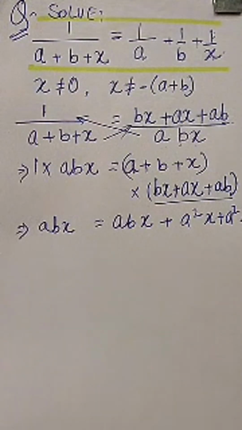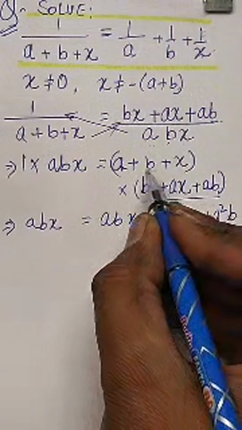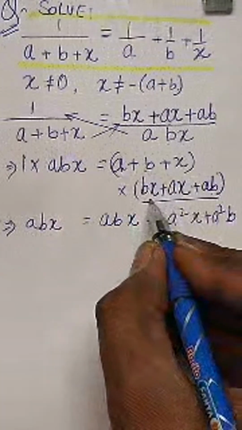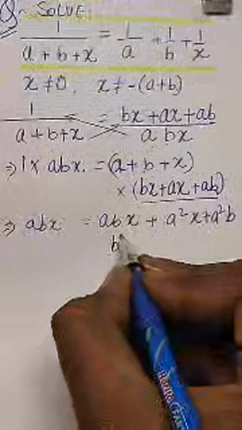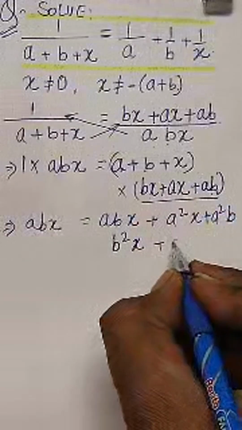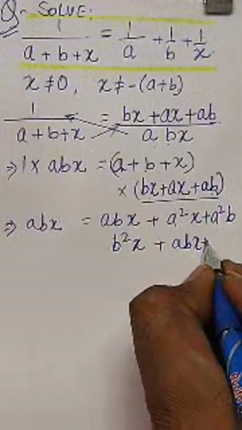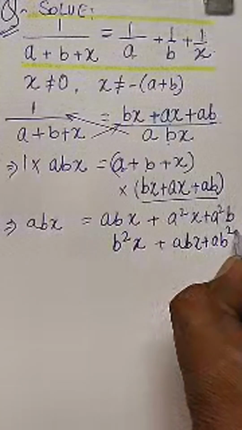When you multiply b with bx plus ax plus ab, it will become b square x plus abx plus a b square.